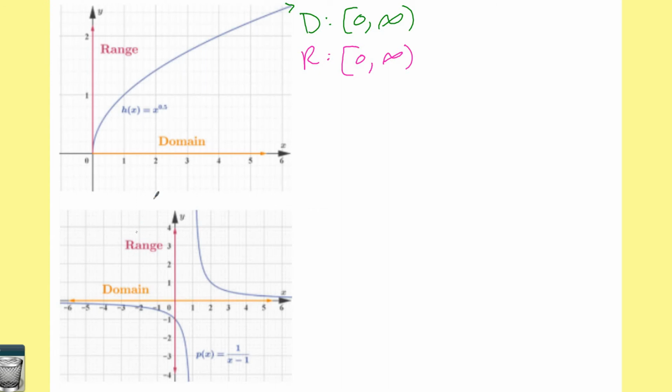And now for this one. Okay, so for this one, the domain is going to be, well, here you know it's going towards negative infinity. And here you know it's going towards infinity. However, there's a break in the middle. Notice that this one is getting very close to 1, all right?